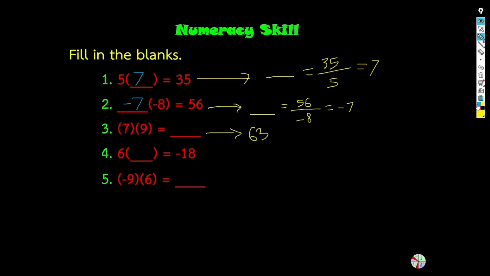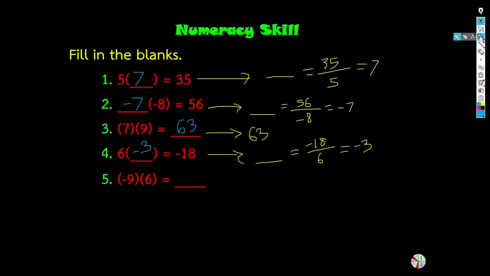Now, let's go to here, the blank is just equals to negative 18 divided by 6, which is just equals to negative 3. So the answer here is negative 3.